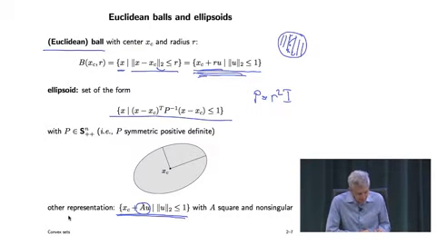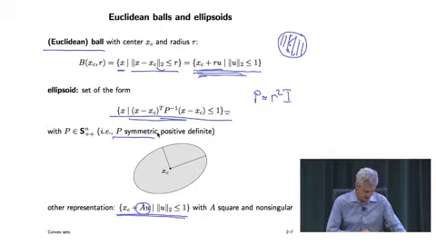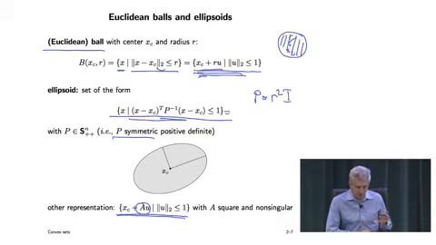By the way, this representation here is unique. In other words, if this is equal to another set with another P, those two matrices have to be equal. And I'm assuming that they're symmetric here, right? If they're not symmetric, that's false. But if they're symmetric, which you can assume without loss of generality, then it's true.